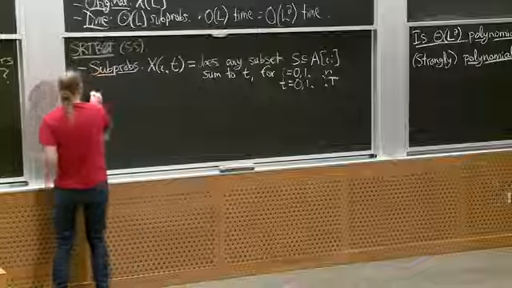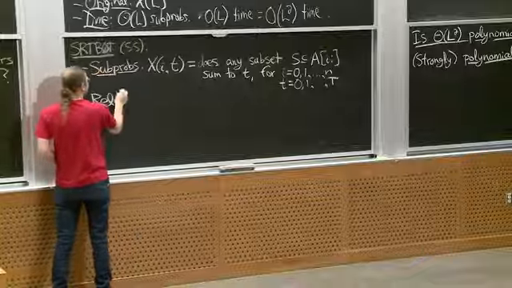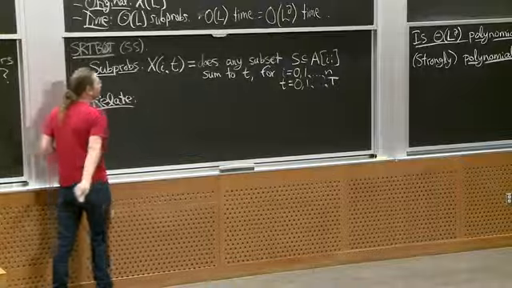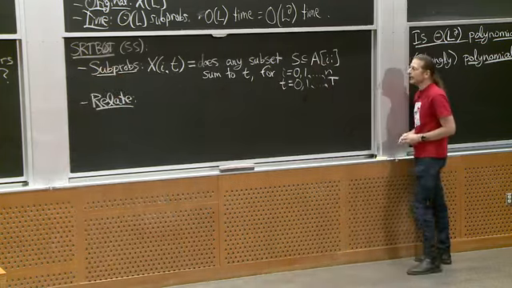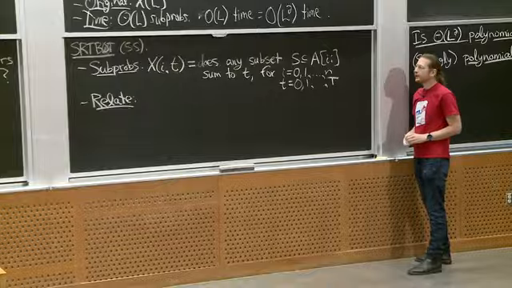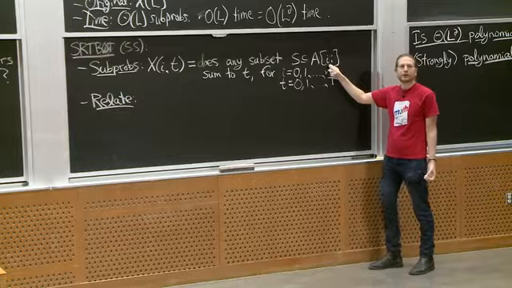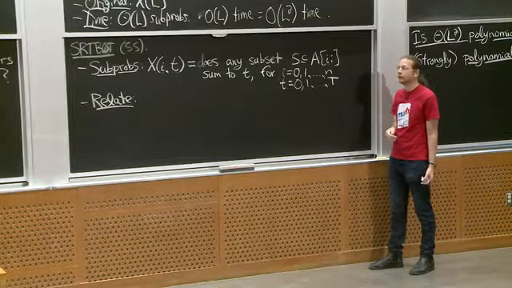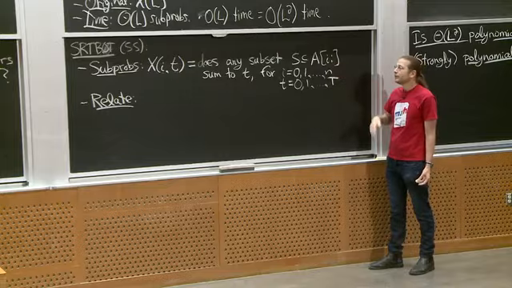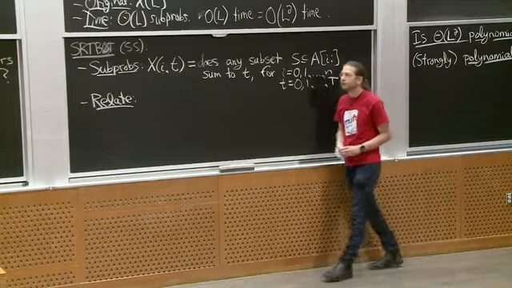Cool. Now I claim I can write a relation, like I said, so we have this suffix from i onwards in A. Because I'm looking at suffixes, I want to keep with suffixes. So I should try to guess what happens to A of i, because then what will remain is A of i plus 1 onwards. And A of i can either be in my subset S or not. So there's two choices.